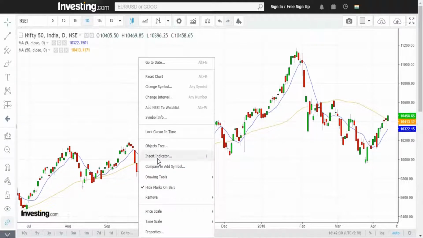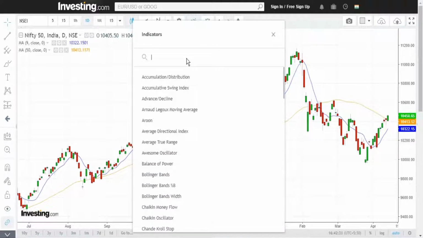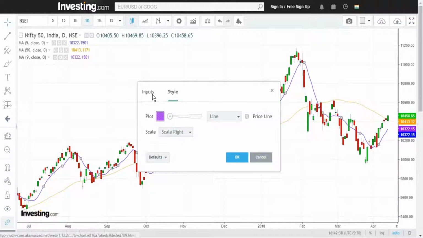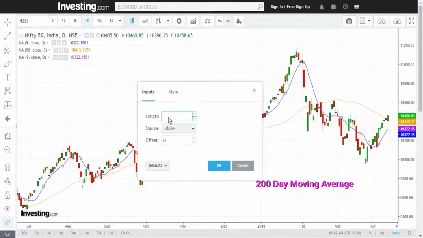Now if we look at an even longer term moving average, like if we want to select the 200-day moving average, let me select here and put the value at 200.